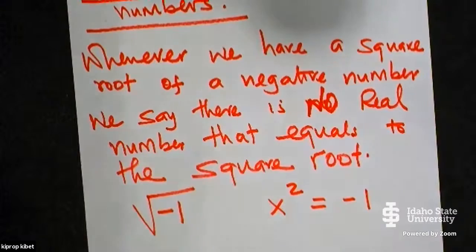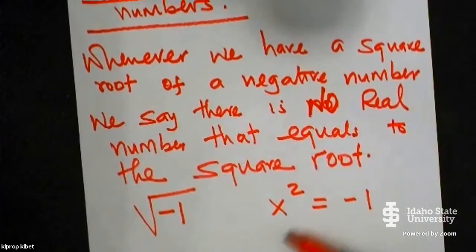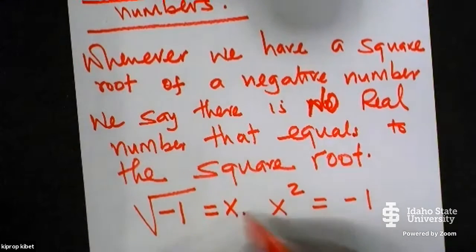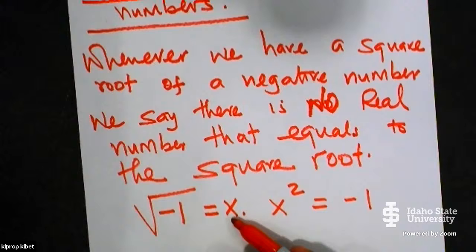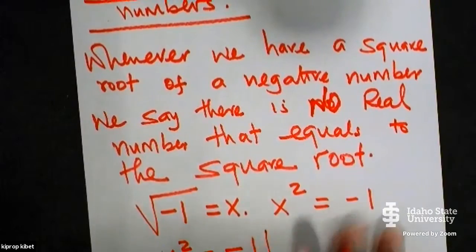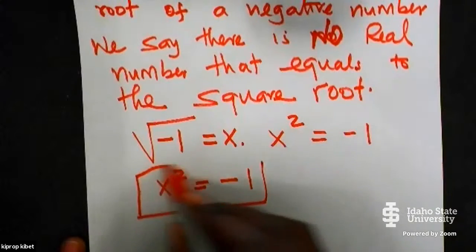So you're trying to look for the value of x where x squared equals -1.